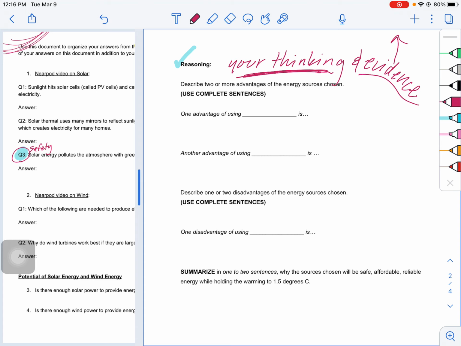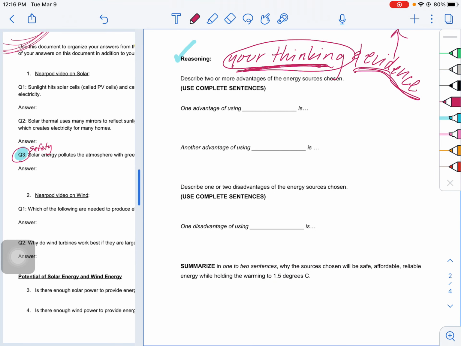Or someone else says, well, this movie's the best because it was in the theaters. The storyline was so great, people loved it. It was in the theaters for this many weeks or whatever. So it's what your thinking is backed up with that evidence. So those facts and data, they should be showing up down here too in your reasoning.